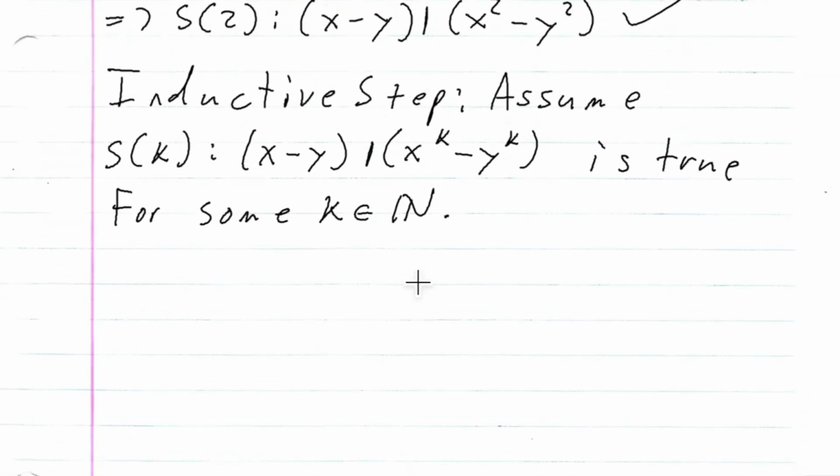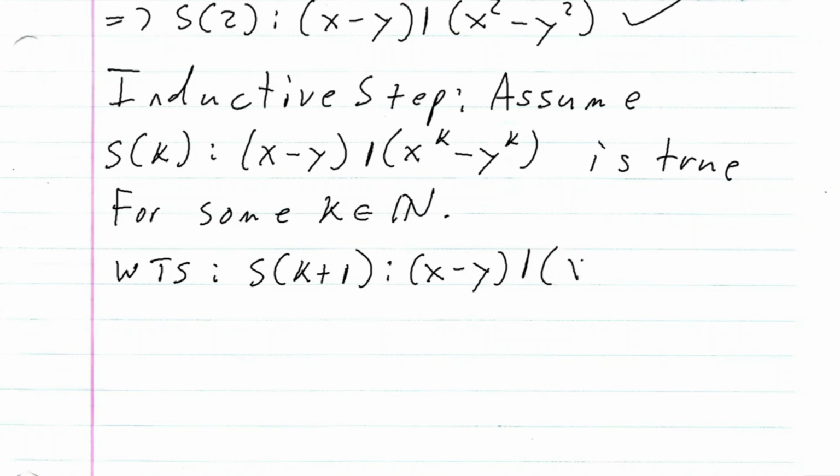So remember, for the principle of mathematical induction, we want to show, right, that S of k plus 1 is true, assuming that S of k is true, right? So we want to show that x minus y divides x to the k plus 1 minus y to the k plus 1, right? We want to show this, assuming this, okay?